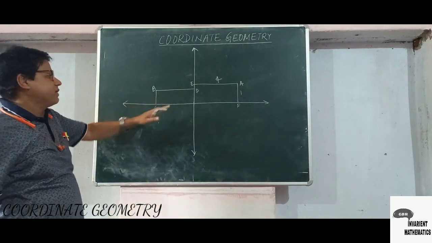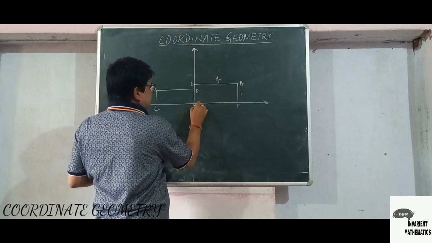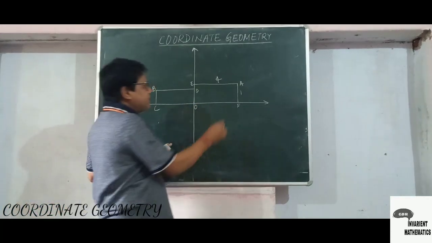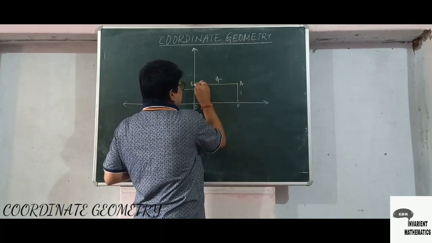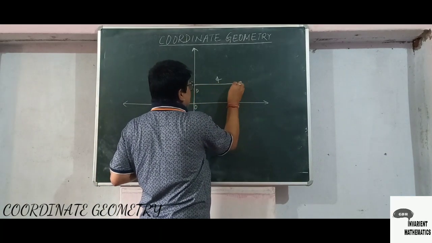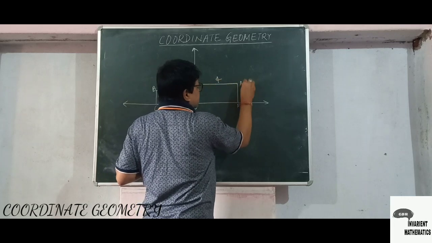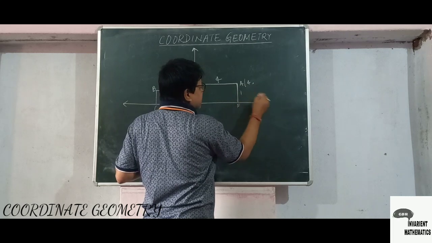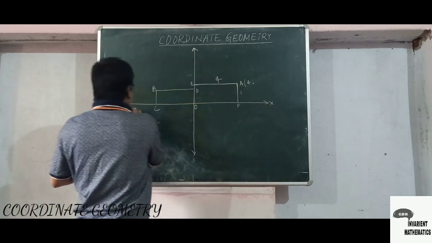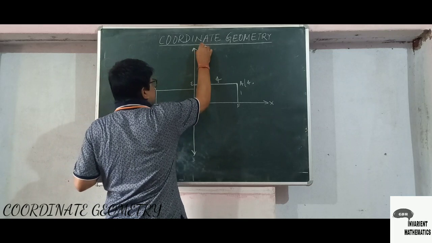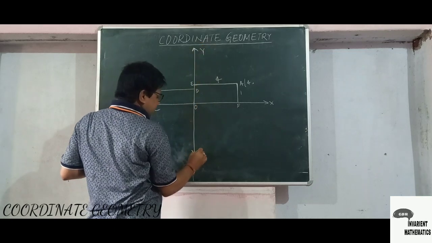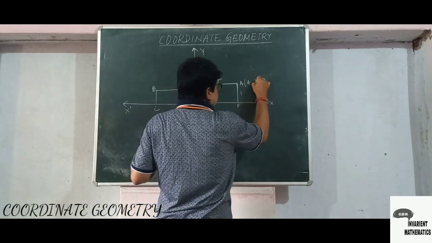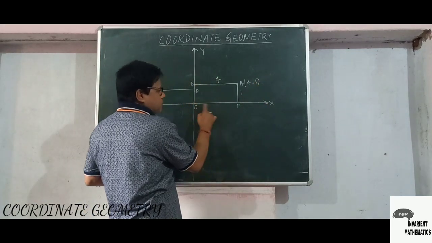Find the coordinates of A, B, C, D, E, F. So see here, A is at a distance of 4 units from the y-axis, so its x-coordinate is 4, and 1 unit distance from the x-axis. This is the x-axis. A horizontal line is always considered the x-axis and a vertical line is always considered the y-axis. So it is A(4, 1).